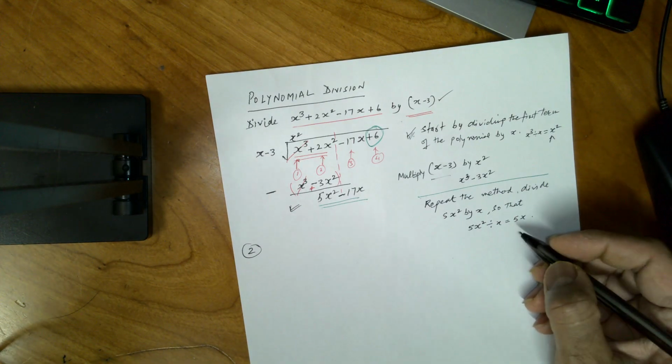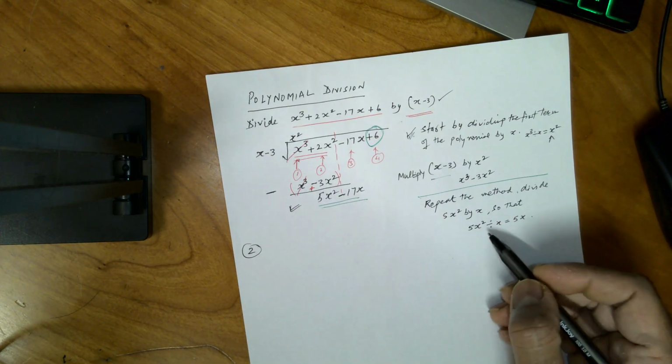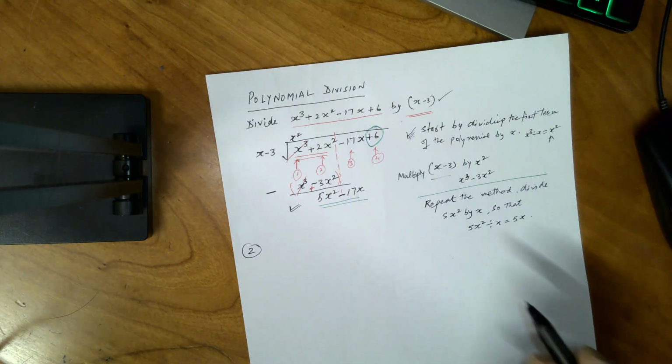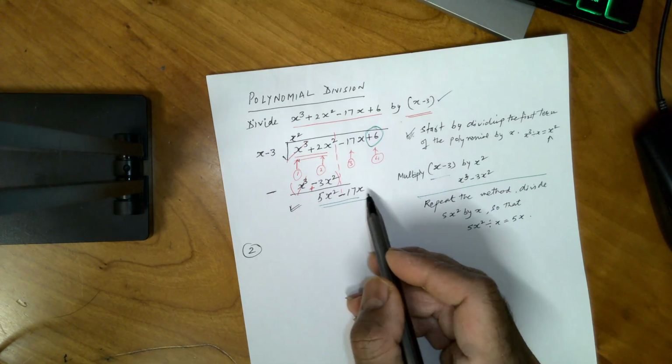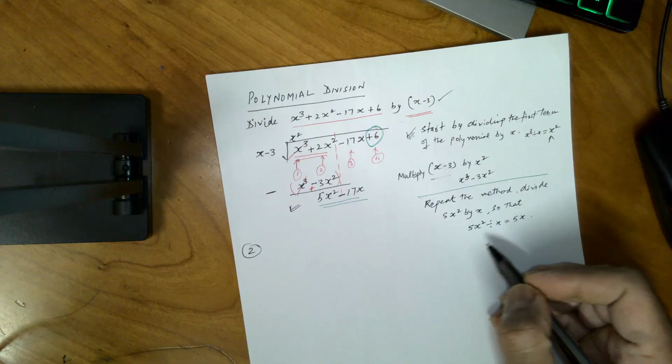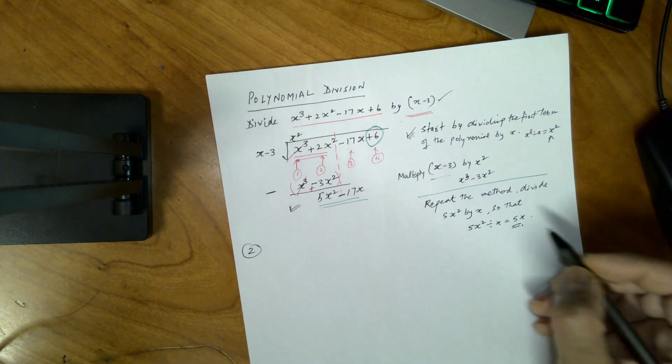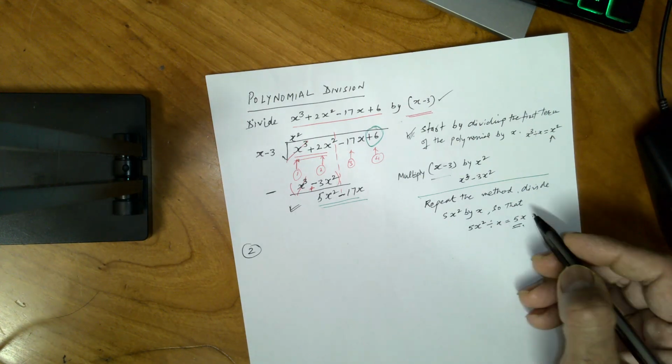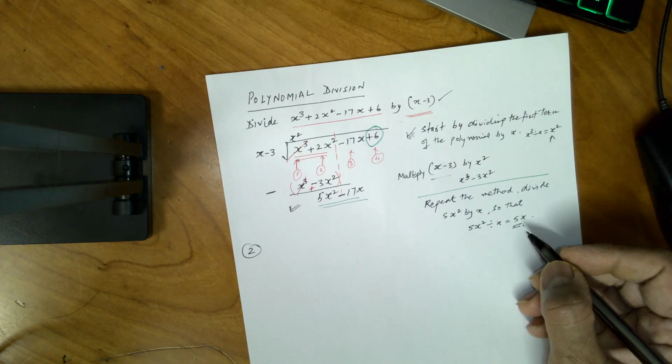Now you know what you're working with. You're working with 5x squared minus 17x, and after dividing this, you got this 5x here.